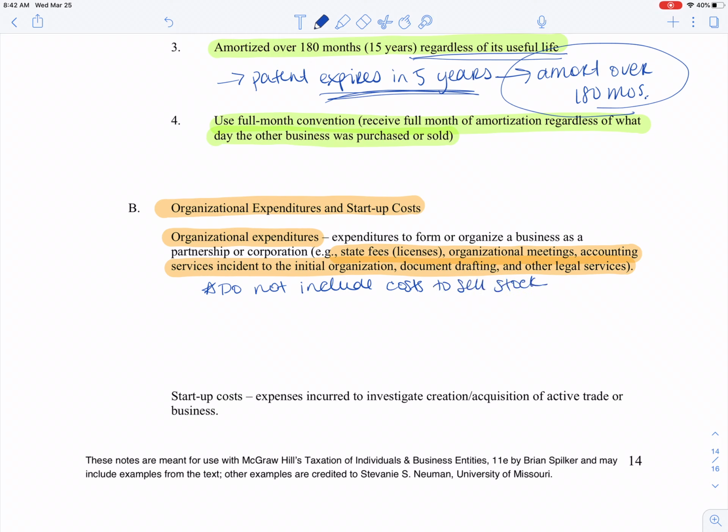So you're going to have to pay stock initiation fees and things like that. Don't include those in organizational expenditures. They don't count. These types of expenses are generally incurred prior to starting the business, or before the end of the first year of business.